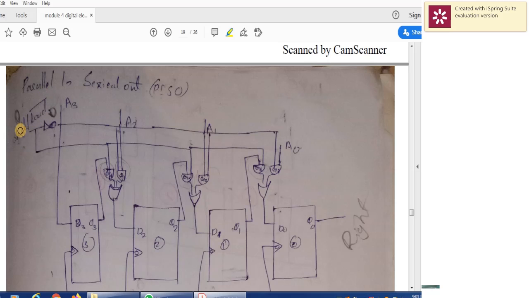Here there is one input, that is shift bar load. If I give 1 then it will shift. If I give 0 the data will be loaded. That is the meaning.